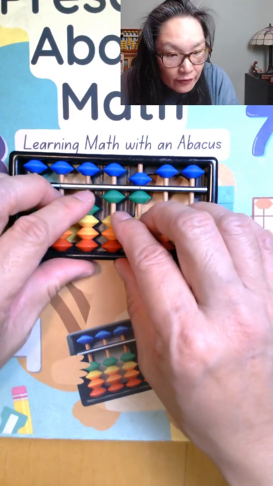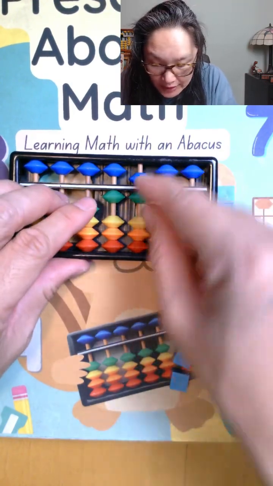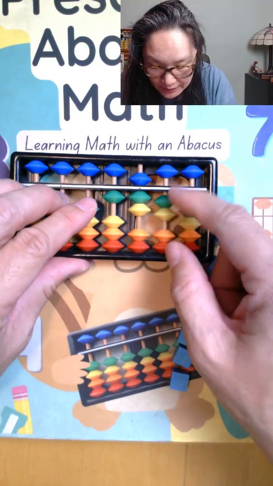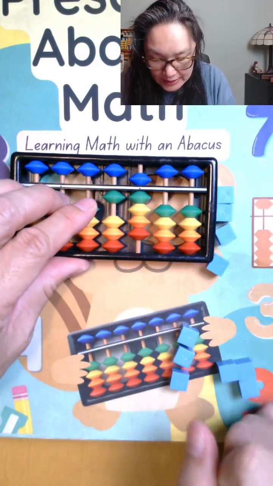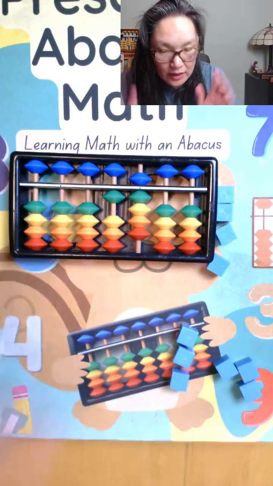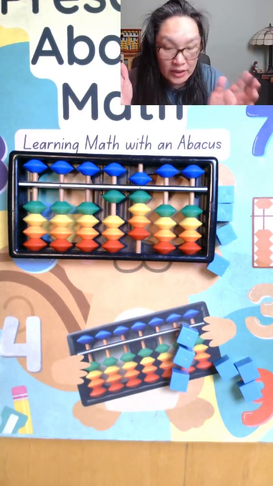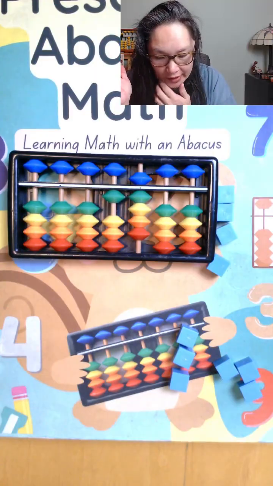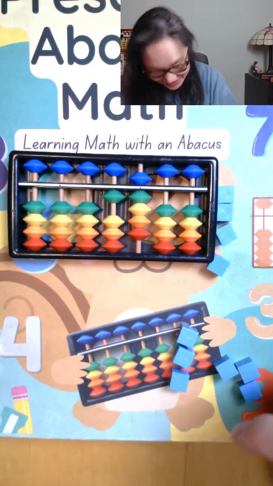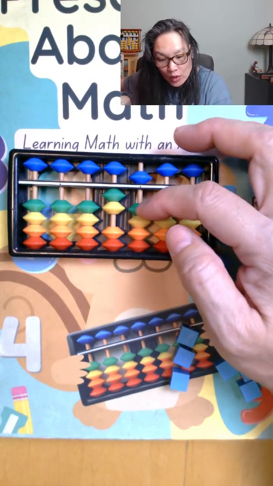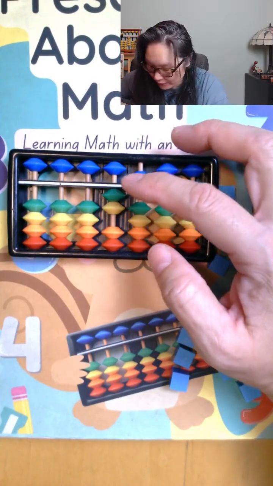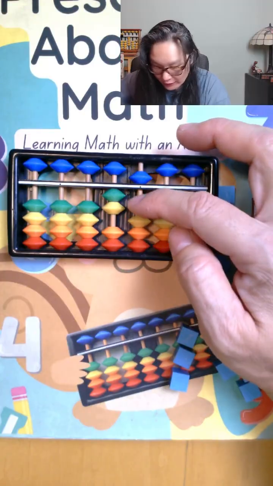So we have 16, 17, 18, and 19. So after 19, yes, right? Yeah, it's great that you're asking questions, because if you don't, then I don't know you're there. So after that, we have 25. This is 25. After 25, we have 26.